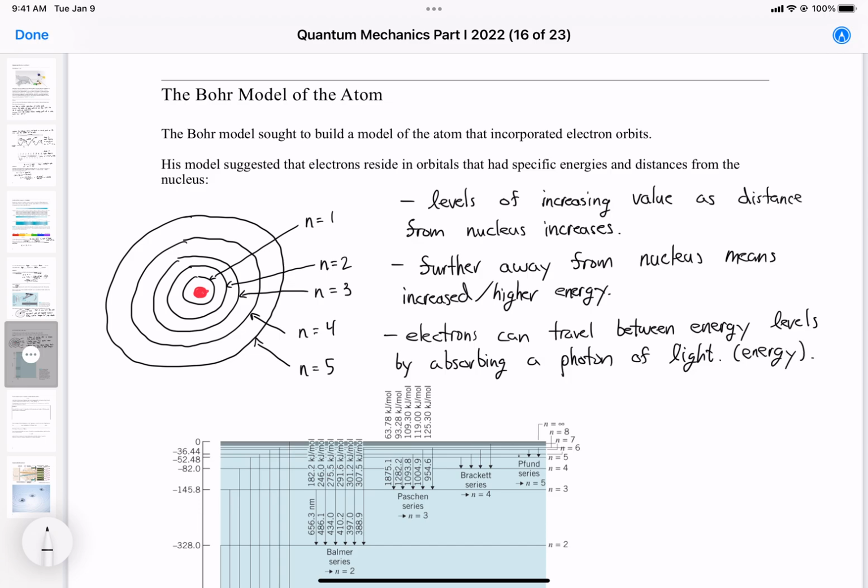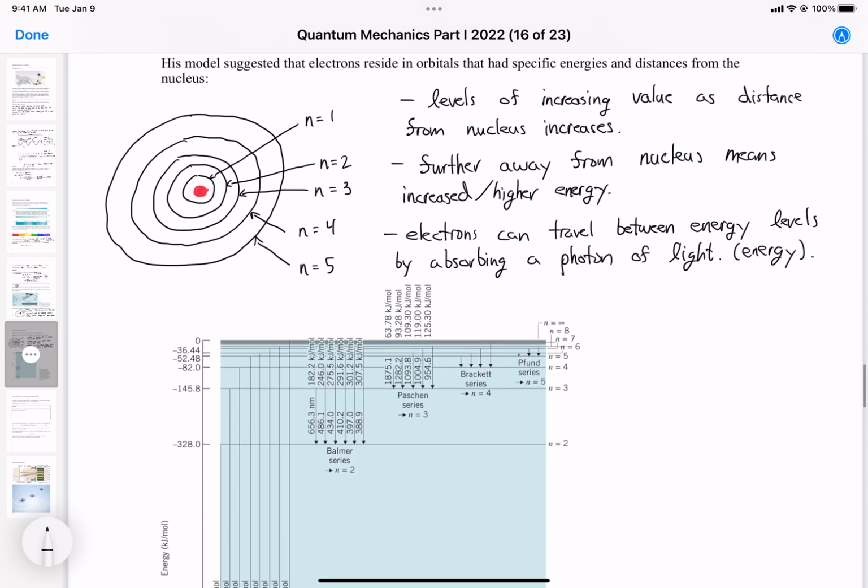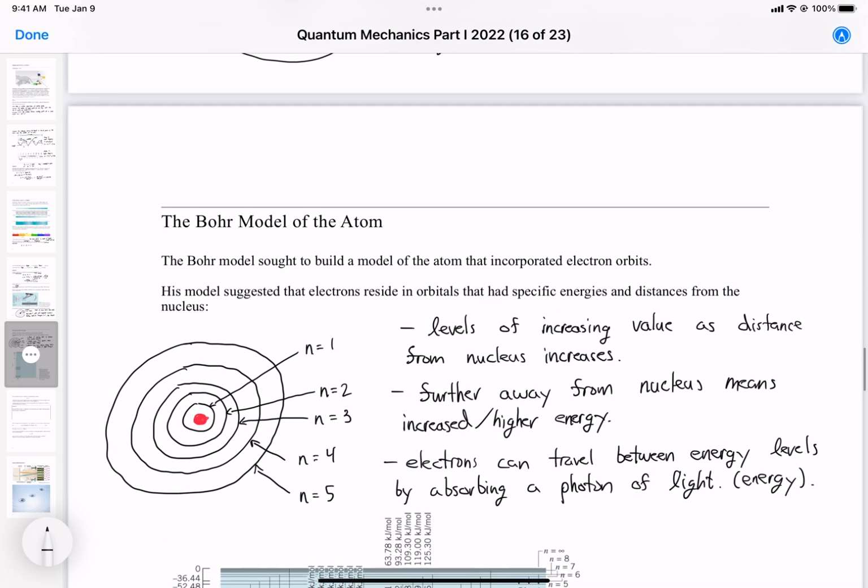Okay, so let's draw what that will look like schematically here. So I'm going to draw up here. Say we have the n equals 2 level and the n equals 1 level here. Okay? All right, so say my electron is right here, or my particle's right here.